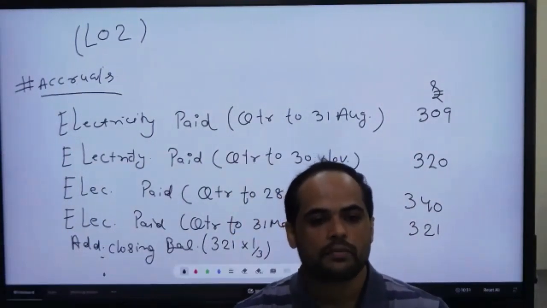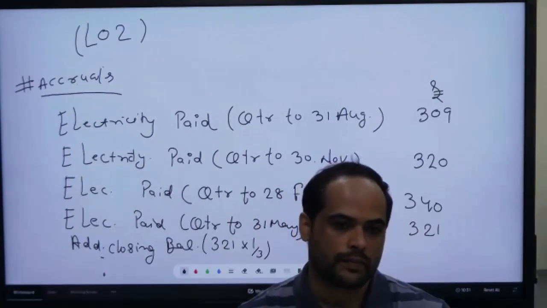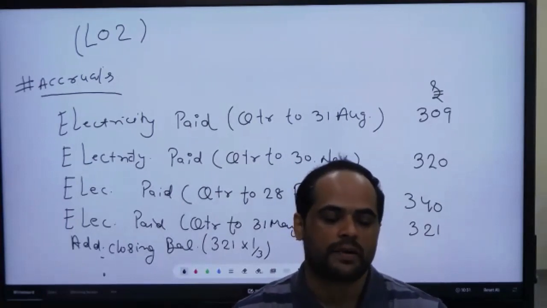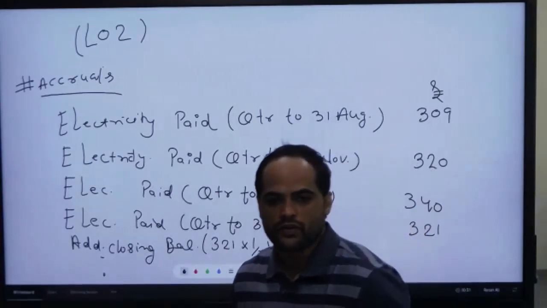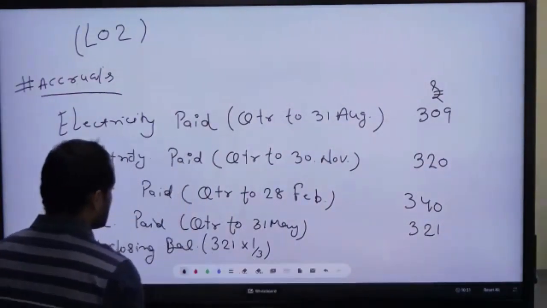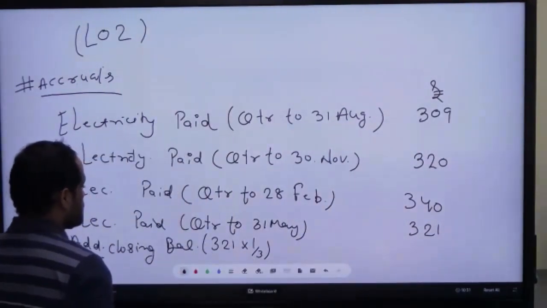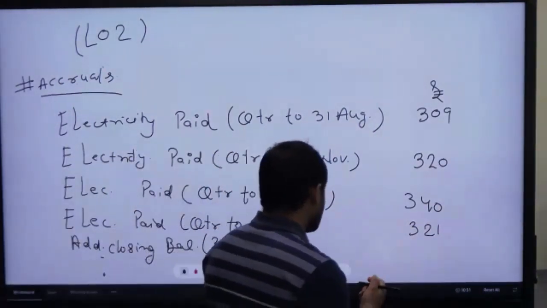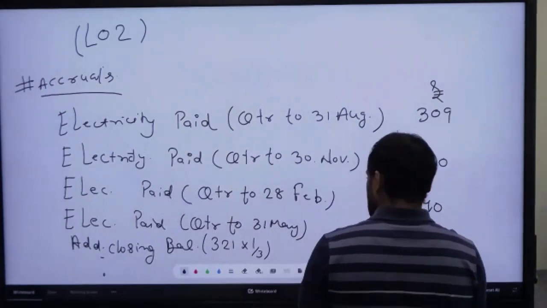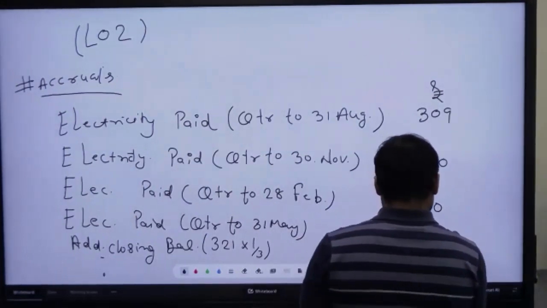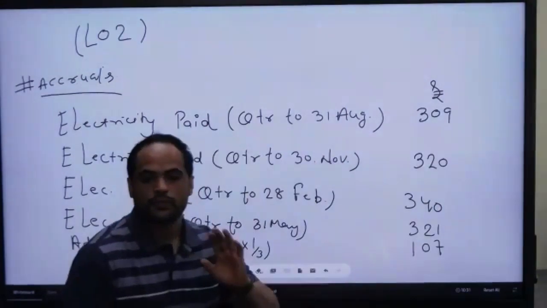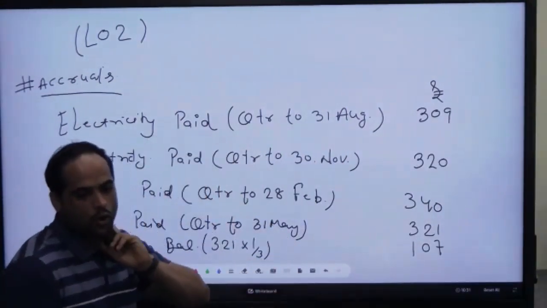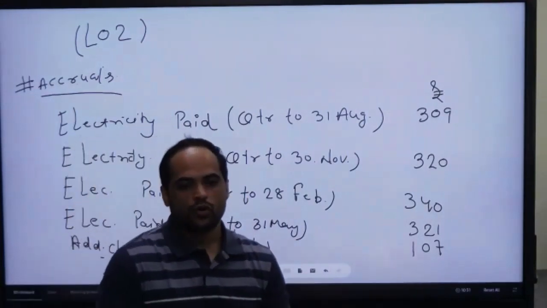So a 3 months basis, right? So for that reason, we will divide by 3. If you divide by 3, it's going to be 107, right? So 107 is the closing balance, and less the opening balance, which is given in your question, in your balance sheet.